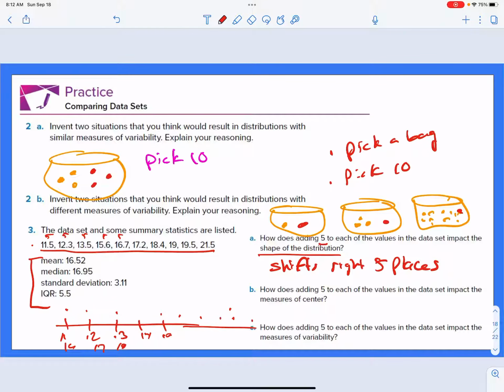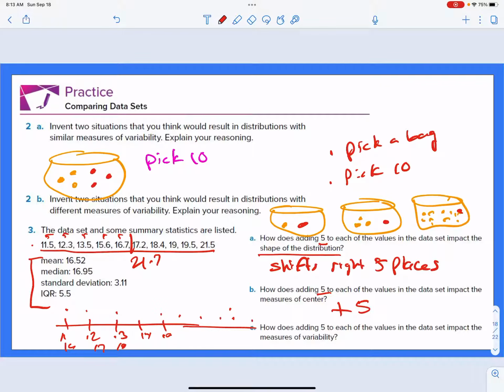What if I add 5 to each of the values in the data set? What's that do to the measure of center? Well, the measure of center is also going to be moving over. It's going to increase by 5. So if the measure of center was over here, instead of 16.7, we would say it's now 21.7.